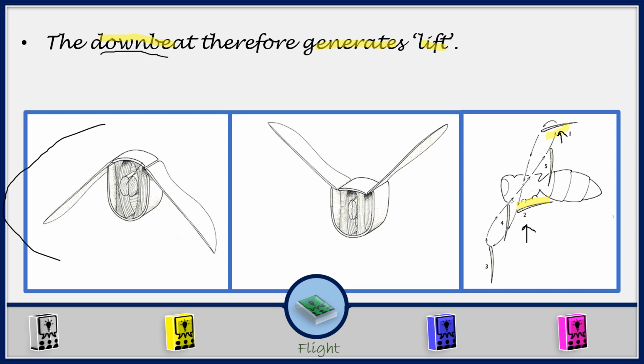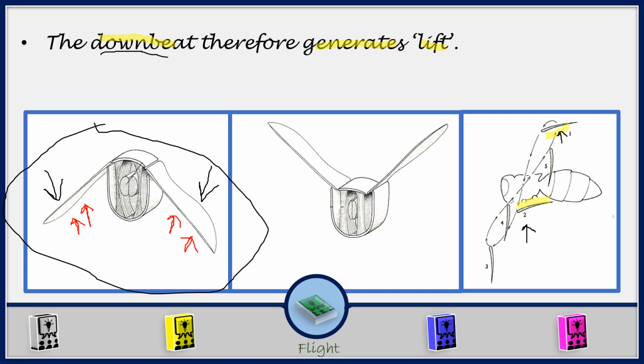If you come back here, it can explain it very well. When you look at the wings, both wings are going down. But as they are going down, they are going to meet air which is going up. So as the wings are going down and they meet the air which is going up, the wings are going to provide a lot of resistance to the air.